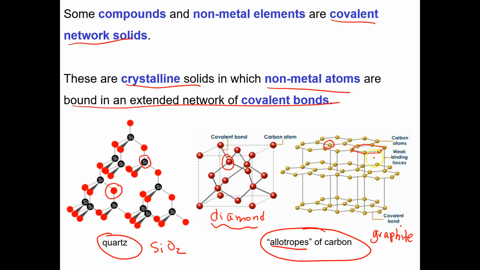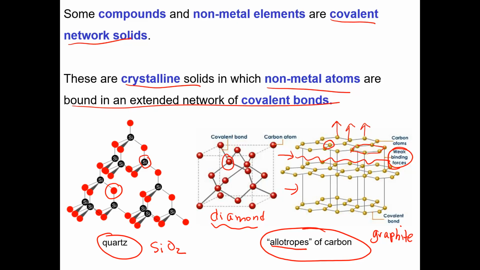But between these layers, we get weaker intermolecular forces, and as a result, these layers can slide past one another, which means that you can cleave graphite. It also makes graphite slippery, which is why it is used as a lubricant. Additionally, if you drag a piece of graphite across a surface like paper, the graphite layer will have stronger intermolecular forces with the paper than between the layers, and you can cleave off these layers. So that's interesting.